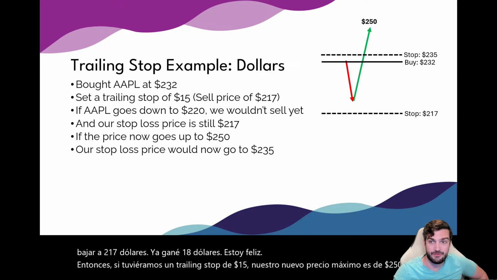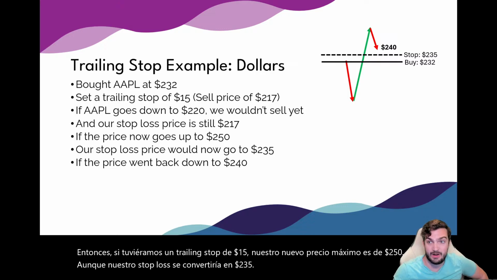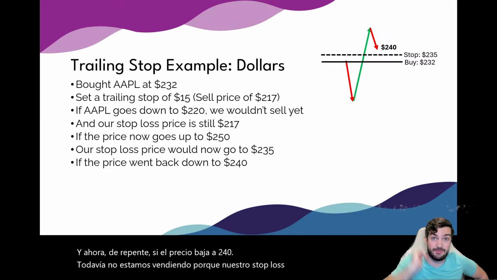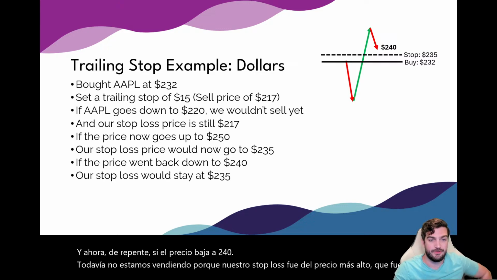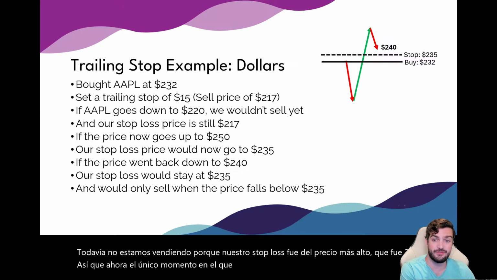So our stop loss would become $235. And now, all of a sudden, if the price goes down to $240, we're still not selling because our stop loss was from the highest price, which was $250. So now the only time that we would sell is when the stock price falls below $235.